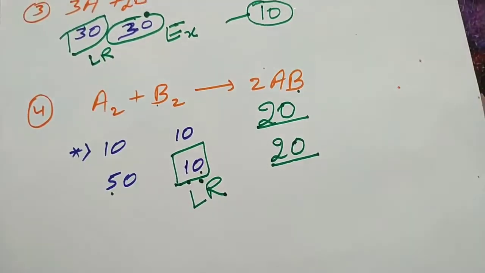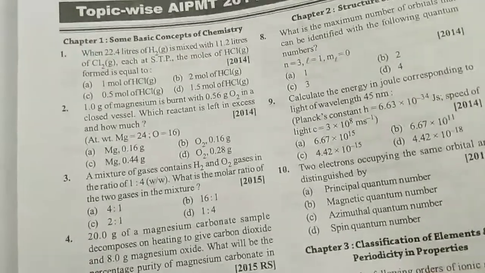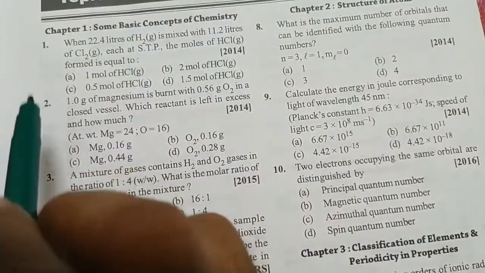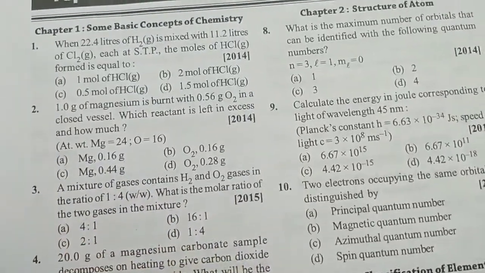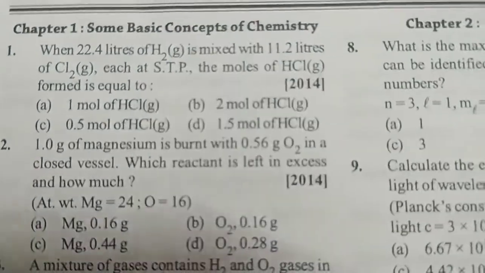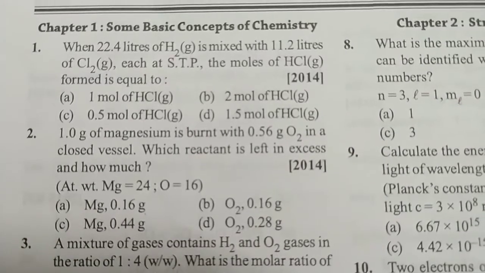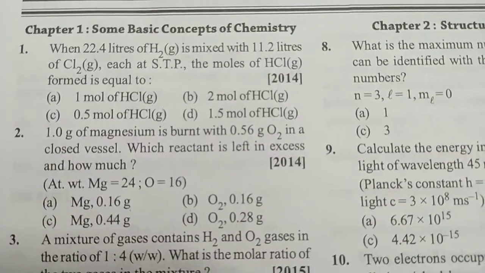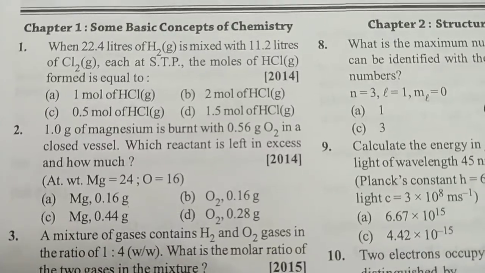Now regarding this limiting reagent, some questions. You can do question number 1 and question number 2. This is the homework. 22.4 liters of hydrogen is mixed with 11.2 liters of chlorine. Then how much HCl is forming?